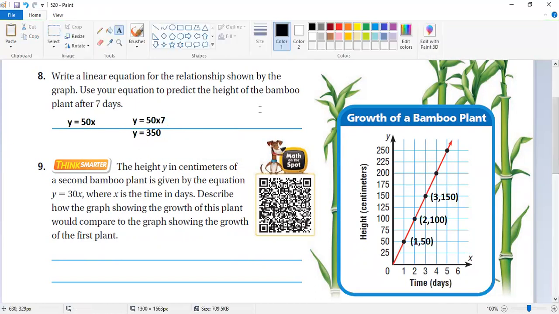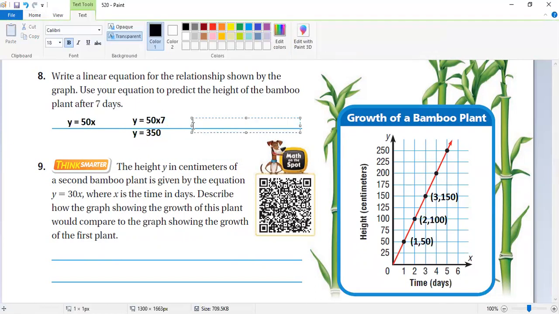You have to write it as the height of the plant will be 350. It is in centimeters. You can look at the table here. So the plant will be 350 centimeters after 7 days. This is going to be your answer.